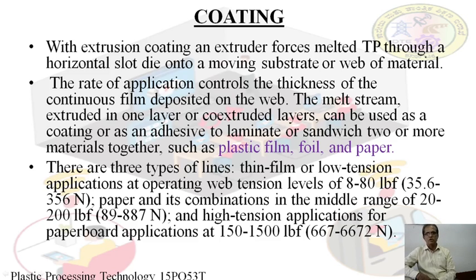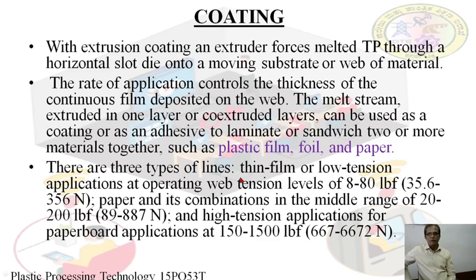The melt stream extruded in the die, one layer or co-extruded layers, can be used as a coating or as an adhesive to laminate or sandwich two or more materials together, such as plastic film, foil and paper. We can use any of these as a base material: plastic film onto which we can do the coating, or foil or paper, of any width.